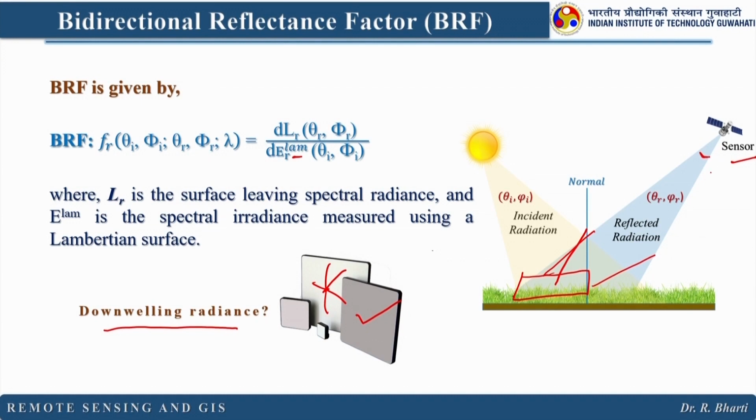Instead of using irradiance directly, you use downwelling radiance with the same sensor. Both will have the unit watt per meter square per steradian per micrometer, for irradiance, radiance and downwelling radiance. That means your reflectance will have no unit. So, it is always better to use this BRF in your study.